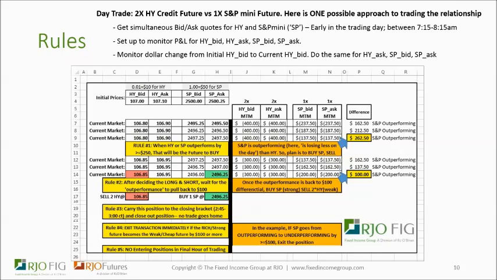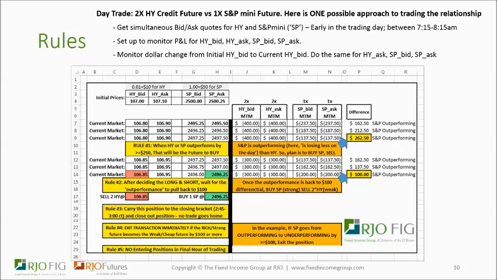Over that same time, the S&P dropped a little bit as well, but not quite as much, from 2,500 to 2495.25 on the bid side. But basically, where high yield had lost 400 bucks, looking over in columns M and N in row 7, we would have seen the S&P lose 237.50.